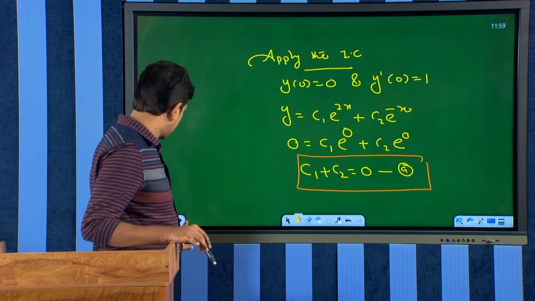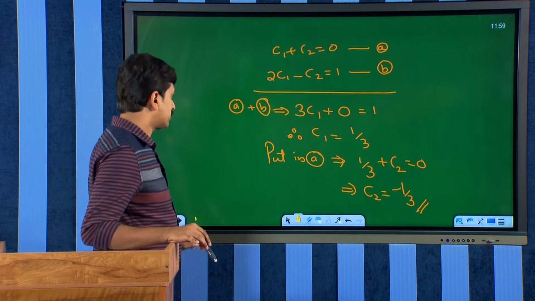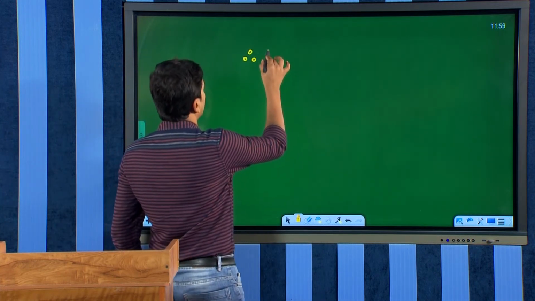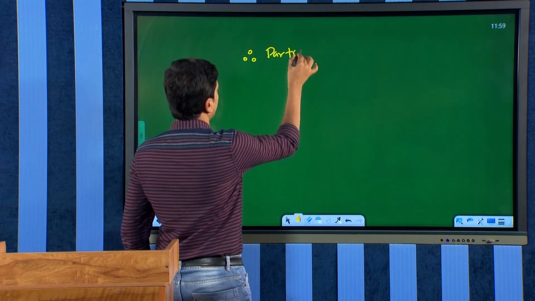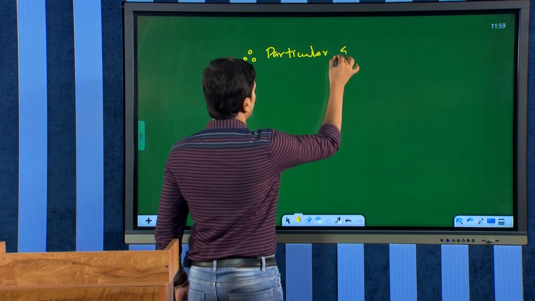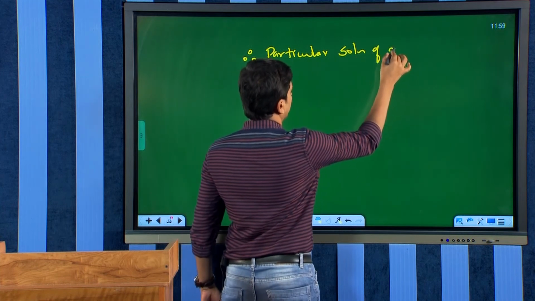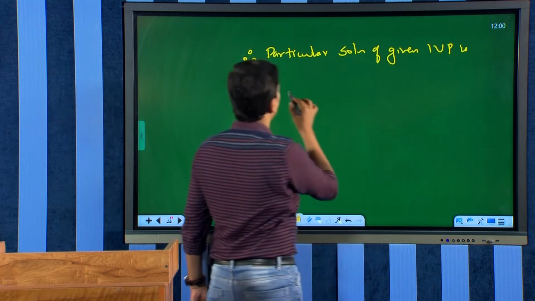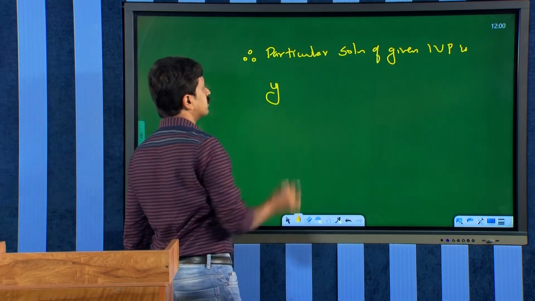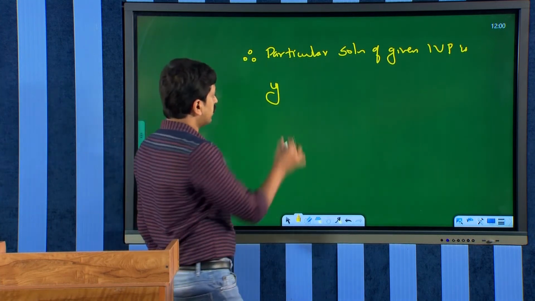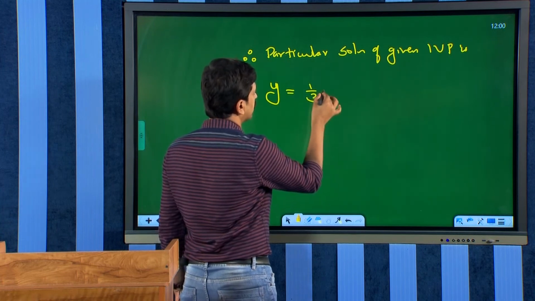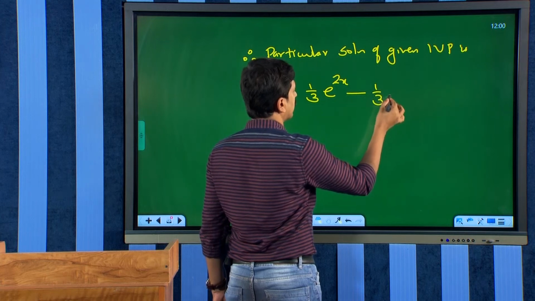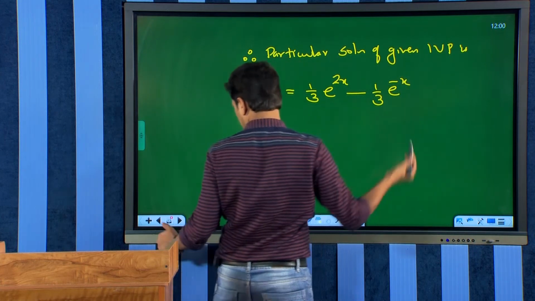Therefore, the particular solution of the given initial value problem is y is equal to 1 by 3 e raised to 2x minus 1 by 3 e raised to minus x.